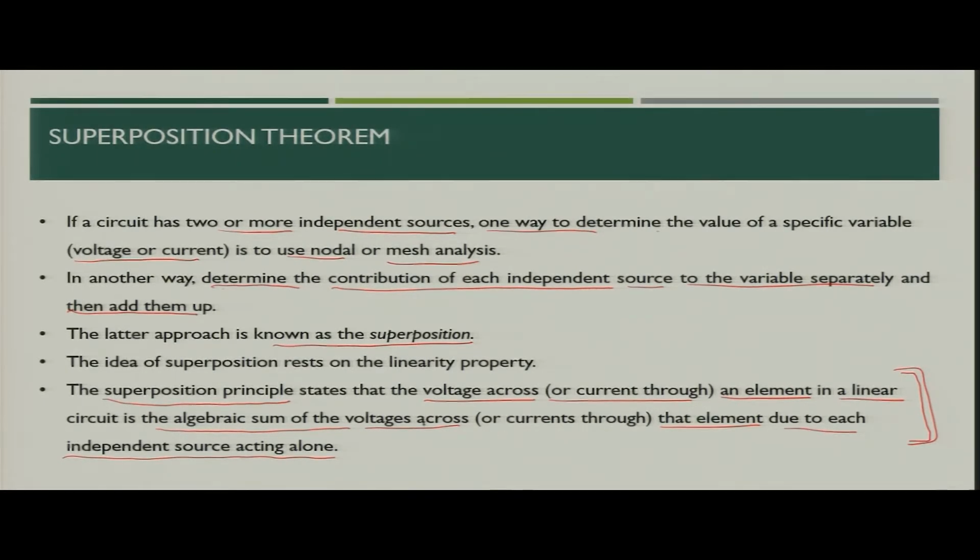Then, when you get the variable value independently for each voltage or current source, you add them up and get the final value of the variable, that may be the voltage or current. Why? Because superposition follows the linearity property. So, homogeneity and additivity both are applicable when you use the superposition theorem to solve the circuit.